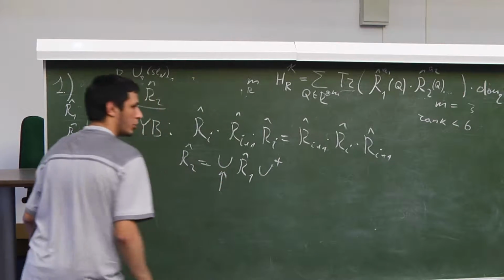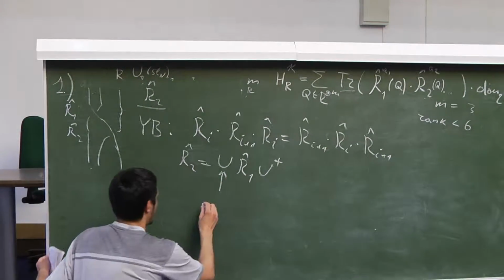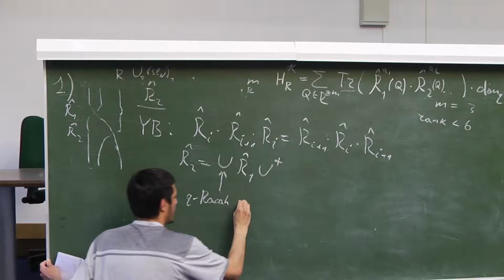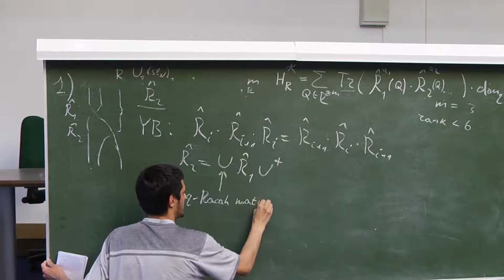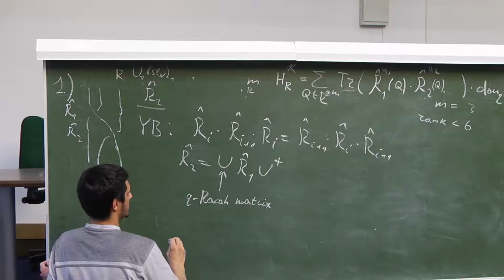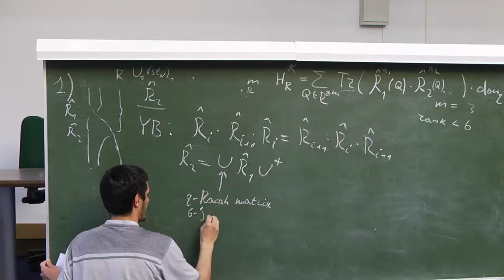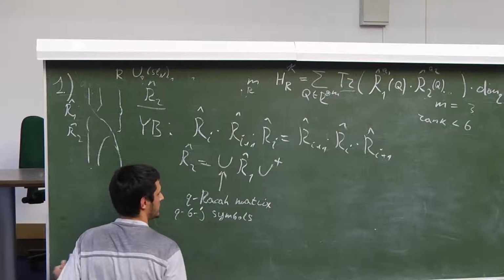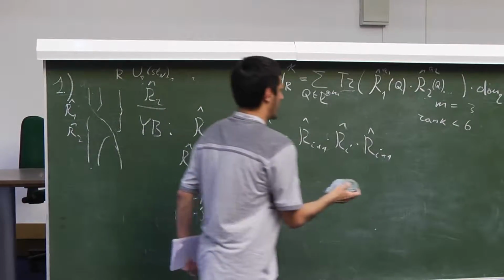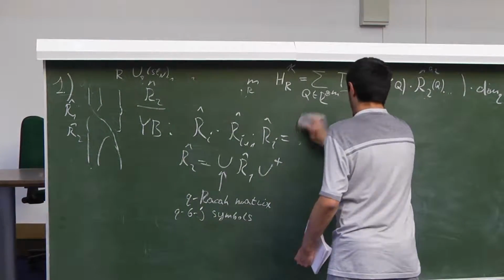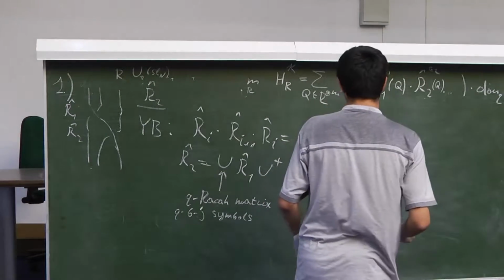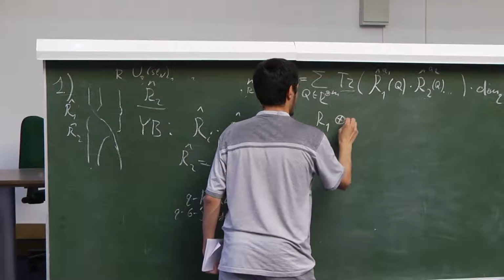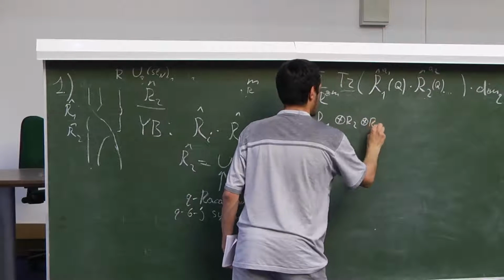which is a very well-known object in representation theory, known as the quantum Racah matrix, or matrix of quantum 6j symbols. Well, let me define it. Suppose that I have 3 representations, R1 times R2 times R3.